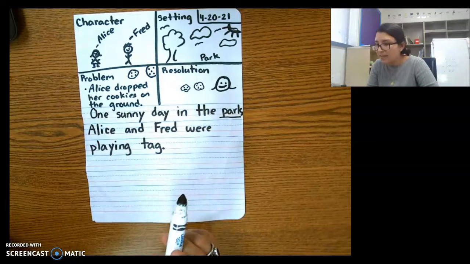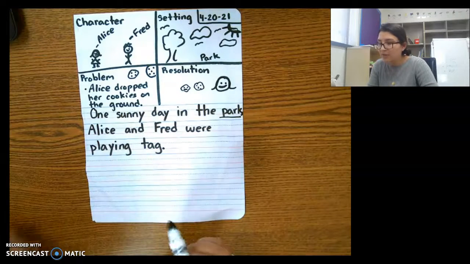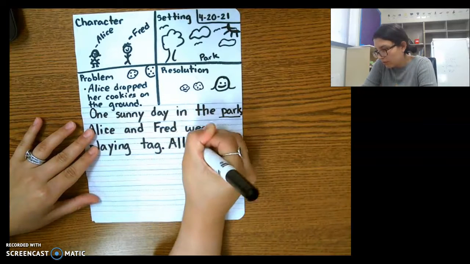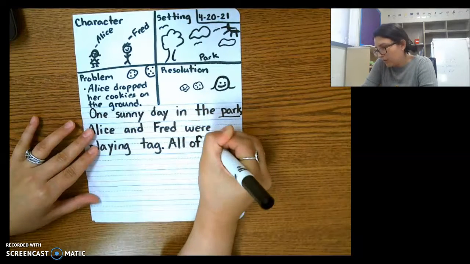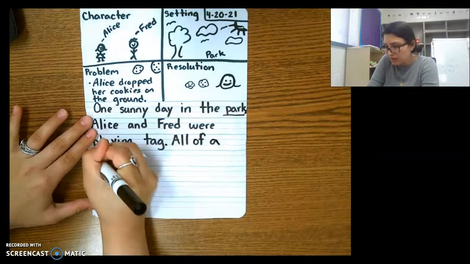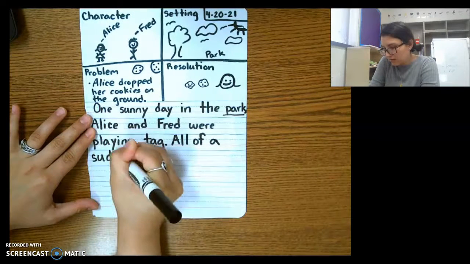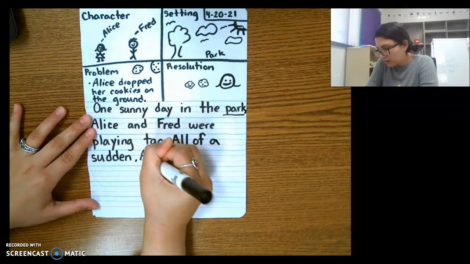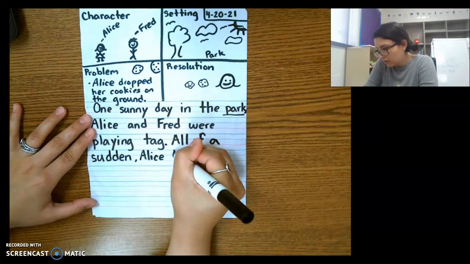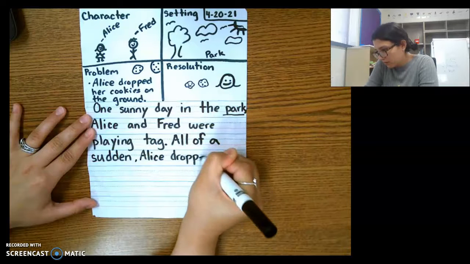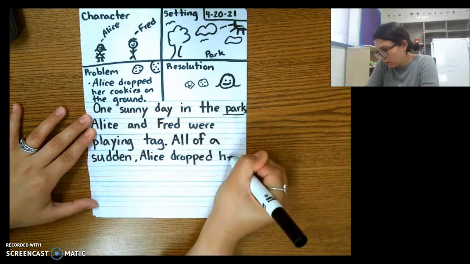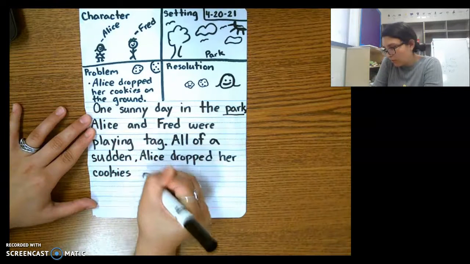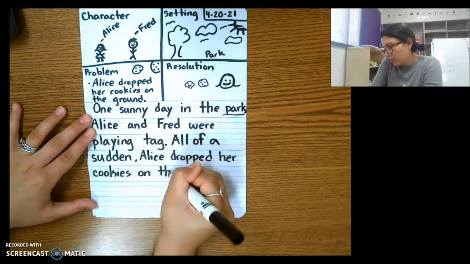So, one sunny day in the park, Alice and Fred were playing tag. All of a sudden, Alice dropped her cookies on the ground.